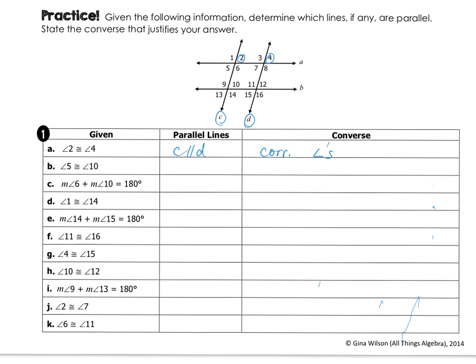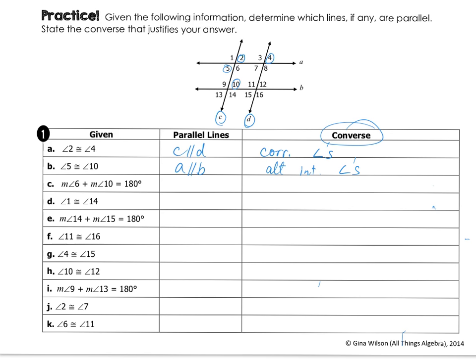Angle 5 and 10. 5 is here, 10 is here. So 5 and 10 are alternate interior angles. So that's of A and B. So A and B are parallel because 5 and 10 are alternate interior angles along transversal C. I should mention all of these are converses.